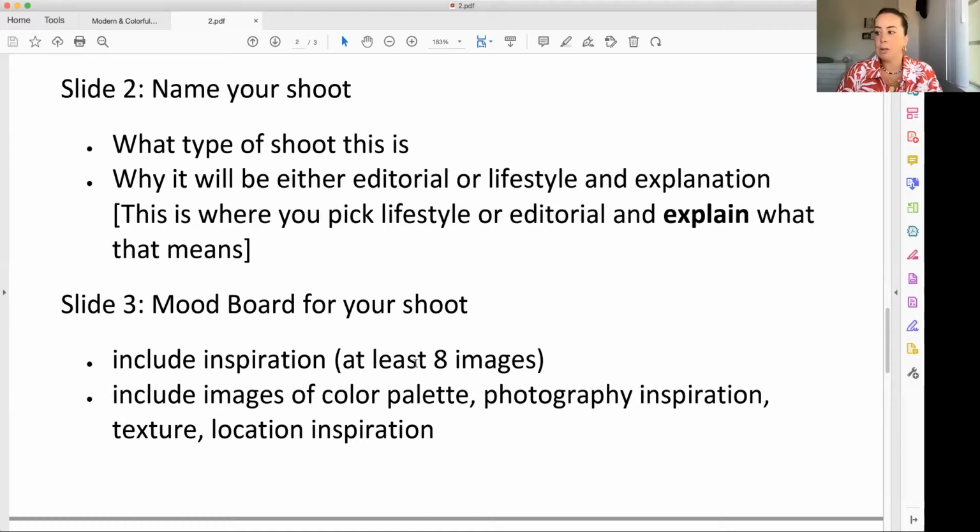Slide 3 is your mood board for the photo shoot. You have to include at least 8 images. Okay, so remember that, of inspiration. There should be images of color palette, photography inspiration, texture, location inspiration. Like I said before, varied forms of inspiration on your mood board. Okay, I should understand the whole concept, the whole story, just by visually looking at your mood board.